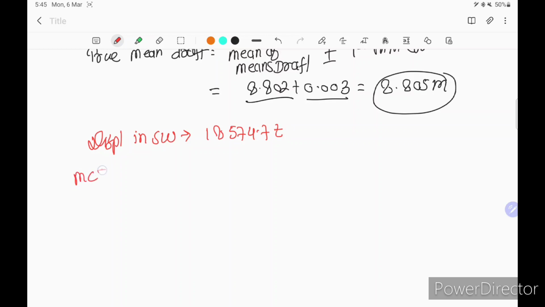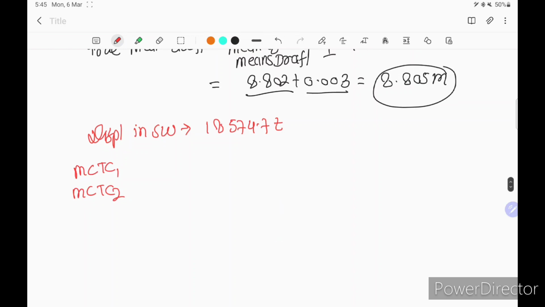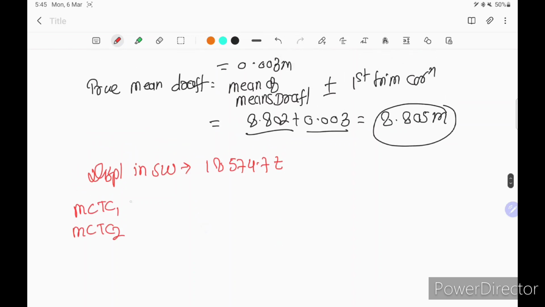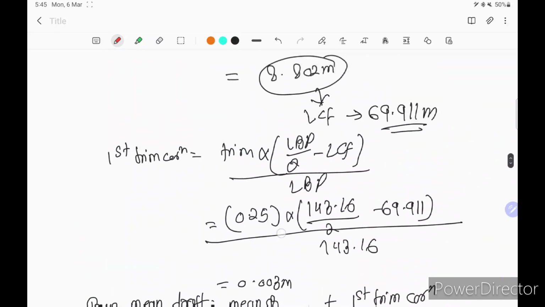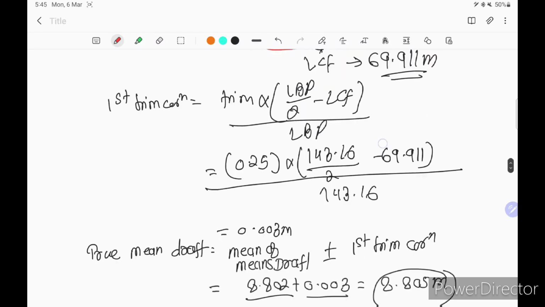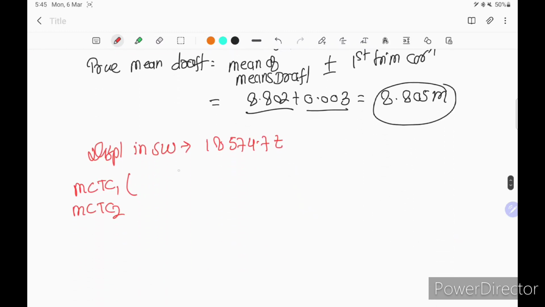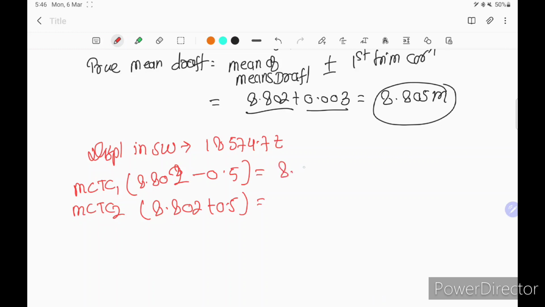Now we'll calculate MCTC1 and MCTC2. Someone asked me how you get MCTC1 and MCTC2. The mean of means draft, that means this draft, 8.802. 8.802 minus 0.5 and 8.802 plus 0.5 equal to 8.302 and 9.302.